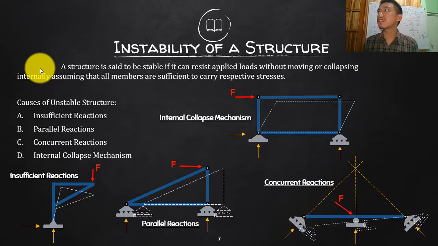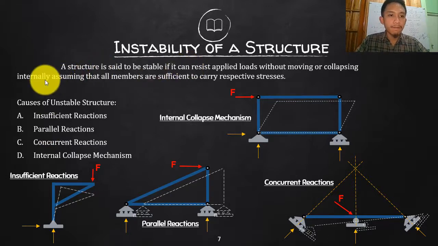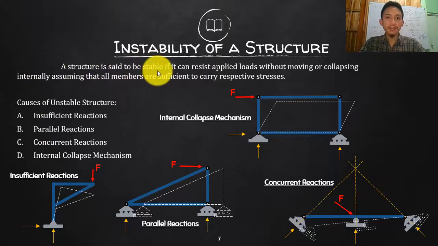If you are considering the strength of the member, that is failure. But if you are talking about the arrangement of the frame or the trusses, that is collapse, which we will be talking about later on, the collapse mechanism. I'll explain that later on. Again, a structure is said to be stable if it can resist applied loads without moving or collapsing internally.